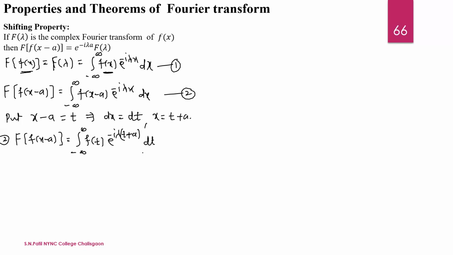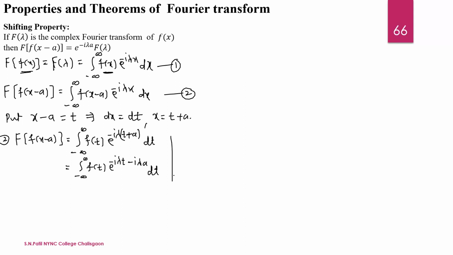Now here we simplify, minus i lambda is multiplied to the first term t and the second term a. Now it can be written as the integral from minus infinity to plus infinity f of t e to the power minus i lambda t, and minus i lambda a, dt.